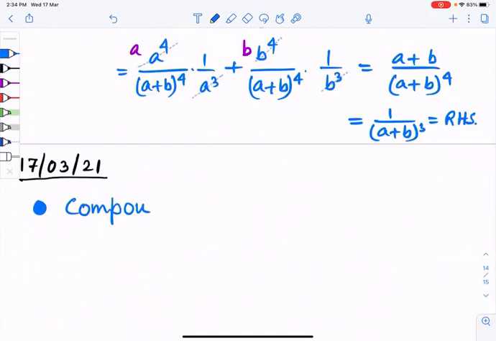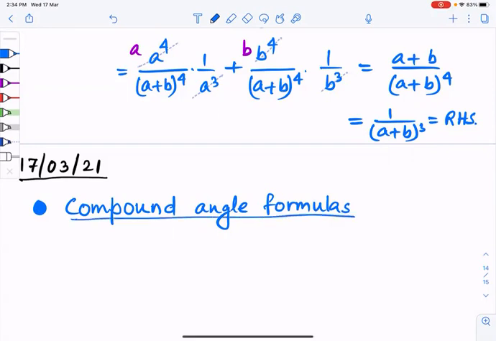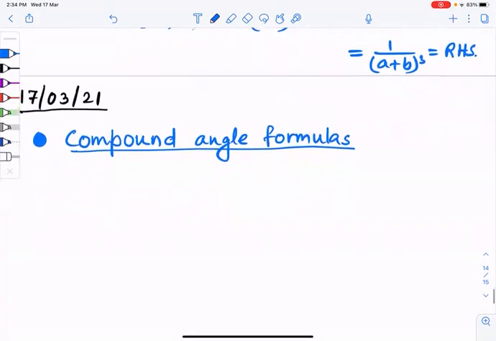So we are giving some name here: compound angle formula. With the help of these names, you can easily remember these formulas and apply them while solving questions. Under this compound angle formula, we have a few formulas.